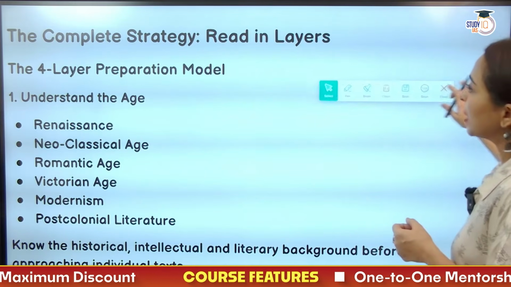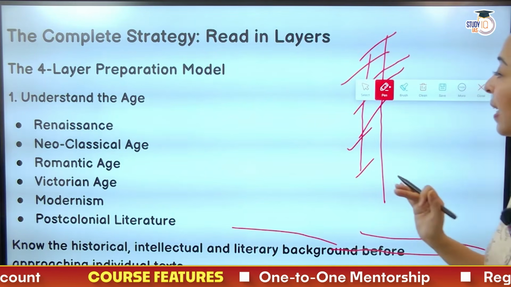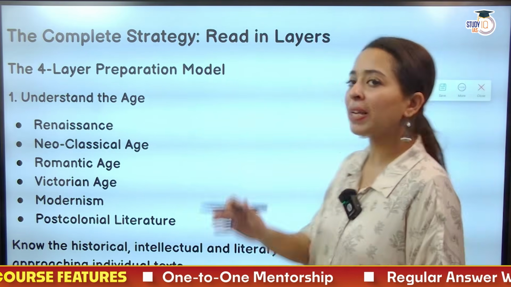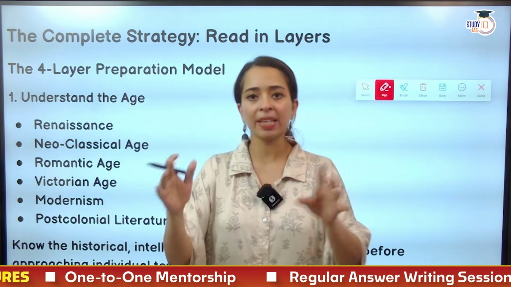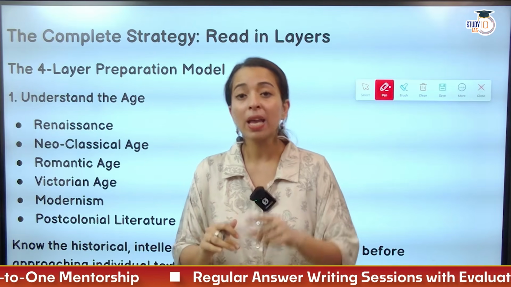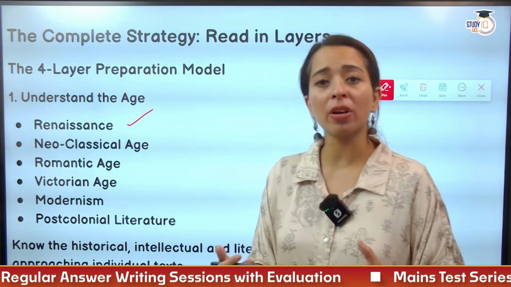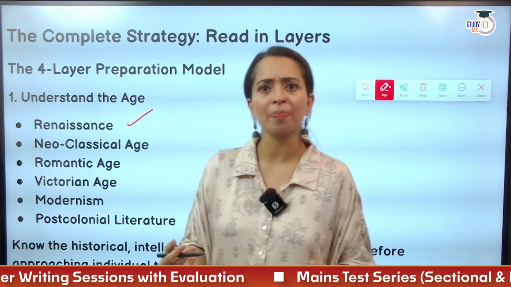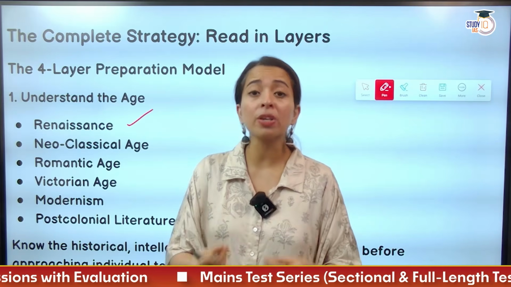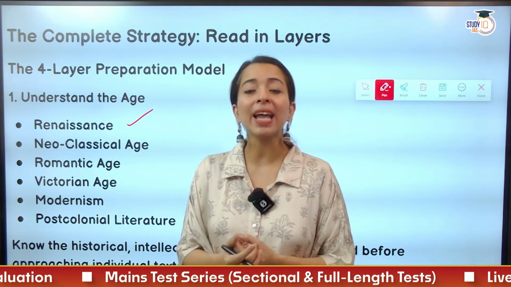Now, what is a complete strategy? Understand the age. We just cannot pick up King Lear and start reading it and say, "I will write the questions and answers." No. Understand the age. Which age does it belong to? The Renaissance. What were the features of the Renaissance? It was one of the most important periods, the golden period of England at that time.